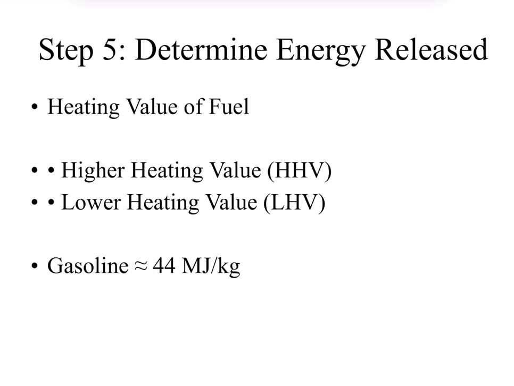Next step, we need to determine energy release. Once combustion is confirmed, we calculate how much energy the fuel can provide. This energy is represented by the heating value. We have two types of value, higher heating value and lower heating value. For example, gasoline has approximately 44 megajoules per kilogram.